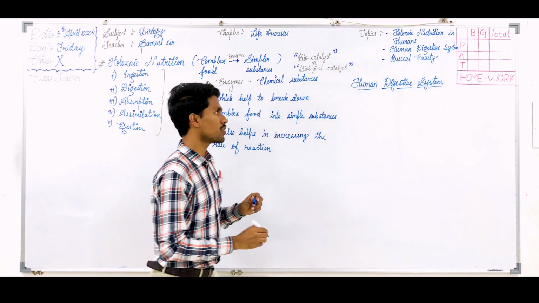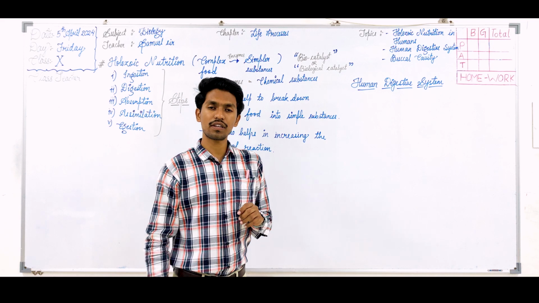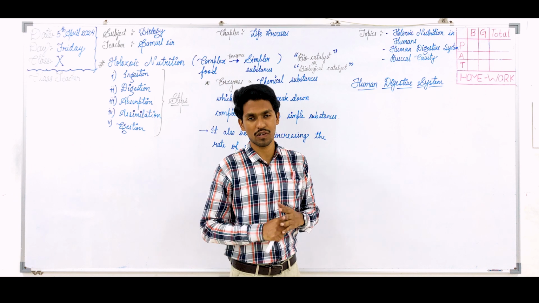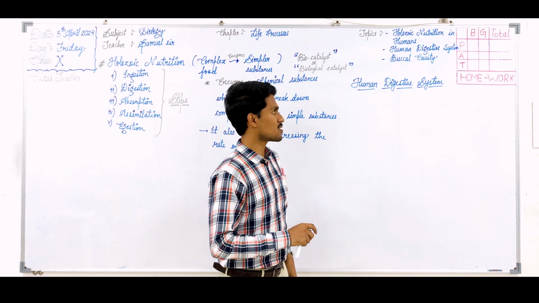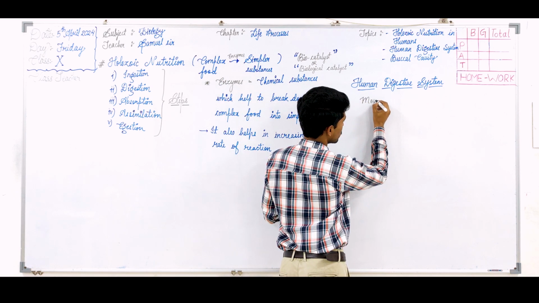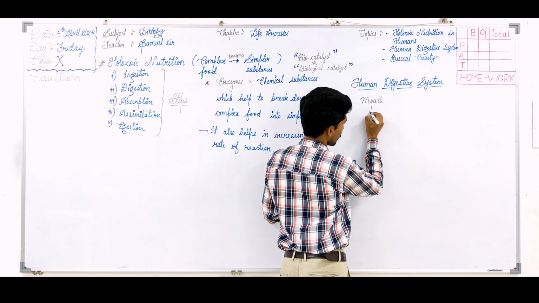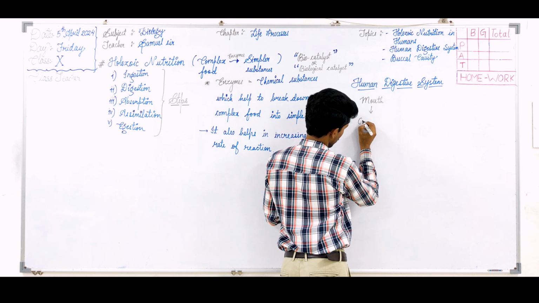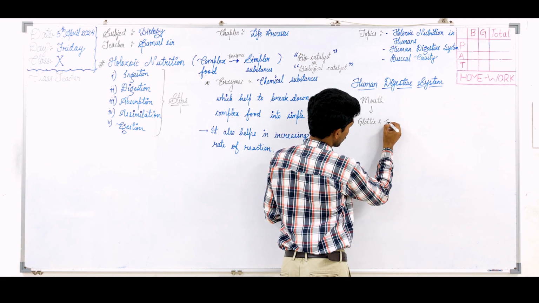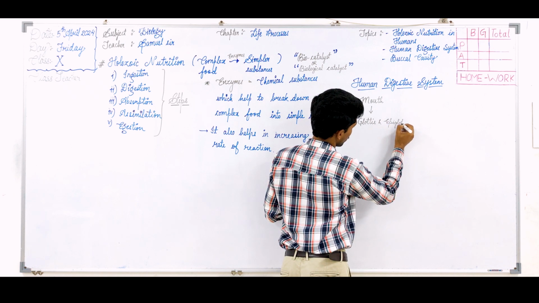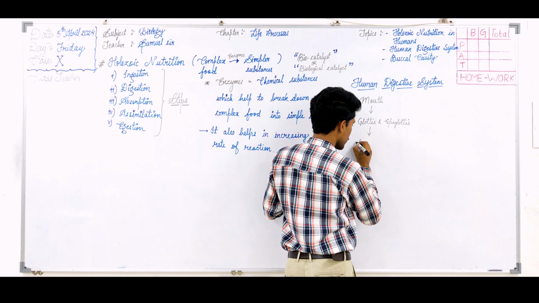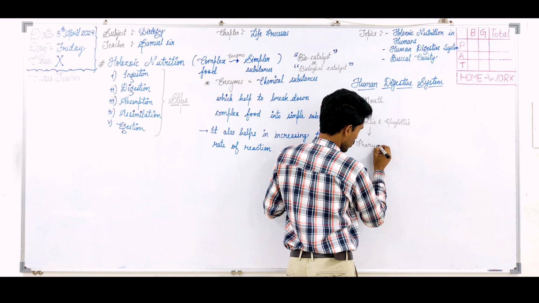Many times a question is asked: what do you mean by the human digestive system? So, we have different organs that start with the mouth, followed by the glottis and epiglottis region, then the pharynx region, which is a tube-like structure.